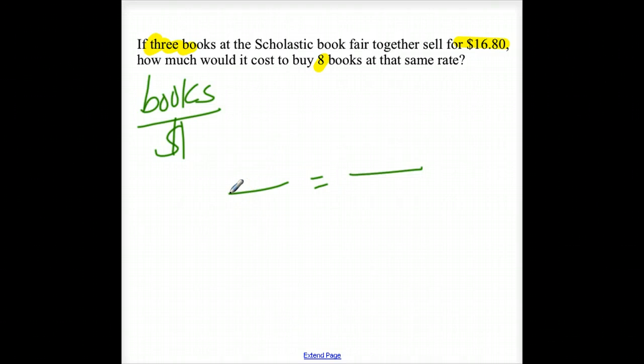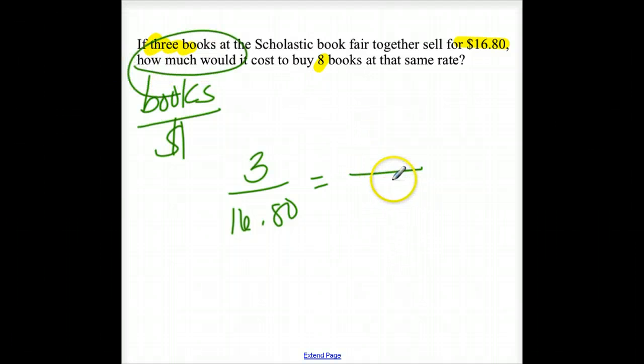So I'm going to set up a proportion, 2 ratios equal to each other. The first one, I know that if there's 3 books, books is on top, that sell for $16.80. How much, that tells us we're going to be solving for the money on bottom. How much would it cost for 8 books? Now I have my proportion.